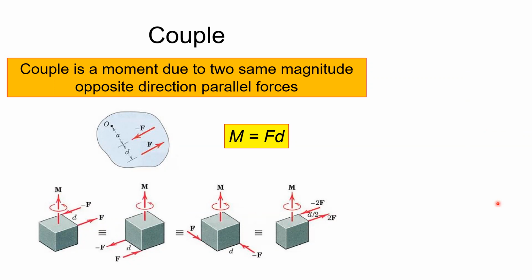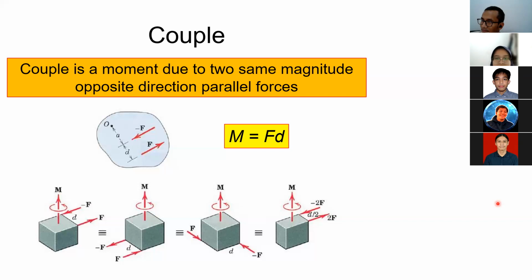Halo Zakia. Apa itu couple, Zakia? System of force with a resultant moment but no resultant force. Pintar membaca kamu ya. Okay, so terima kasih banyak Zakia ya.